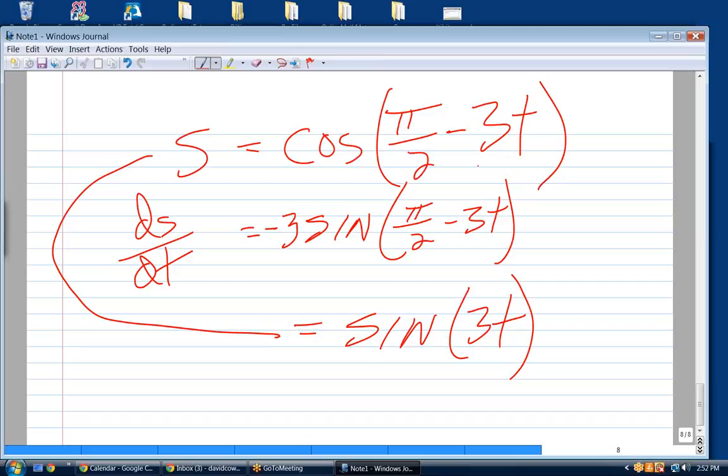Likewise, the cosine of x is equal to the sine of 90 degrees minus x. So if I turn this into this function first, it becomes much easier. Derivative of sine is cosine of 3t times 3. Now, why didn't I get the same thing?